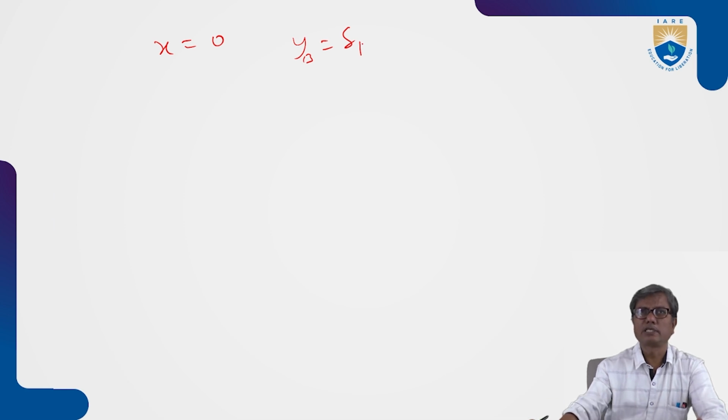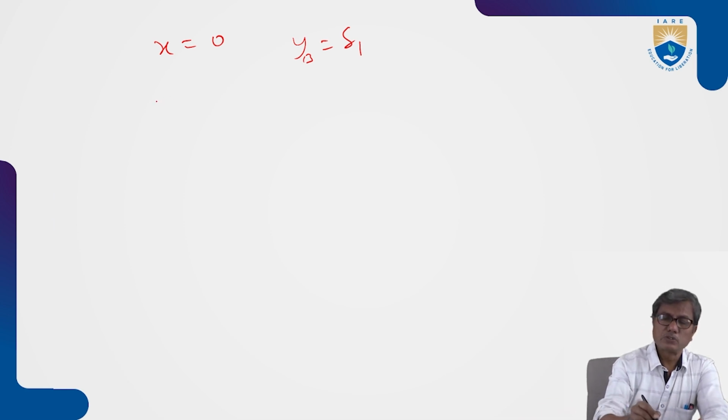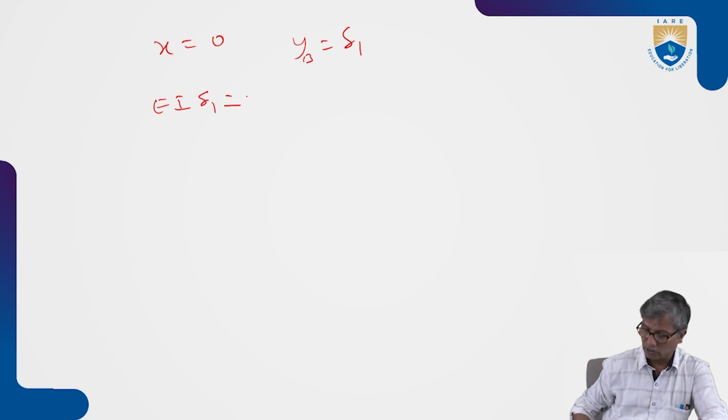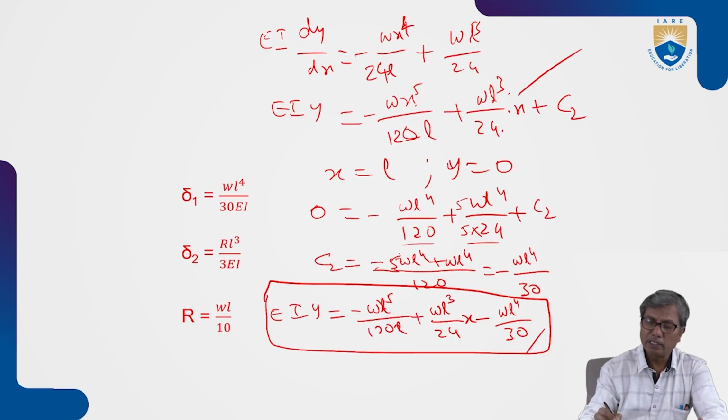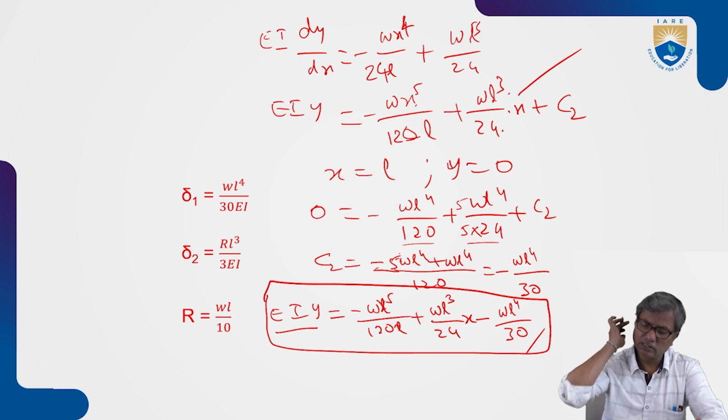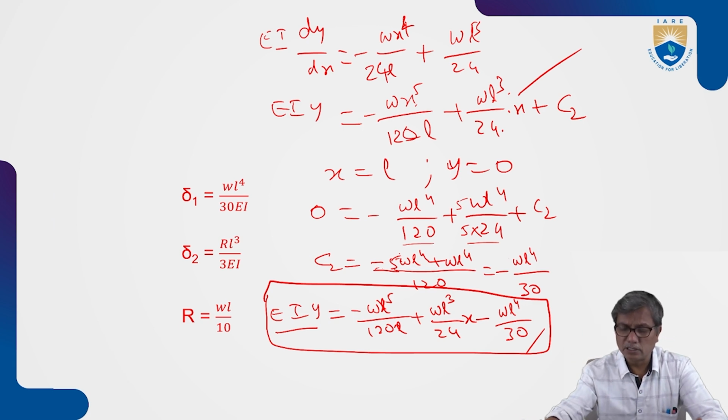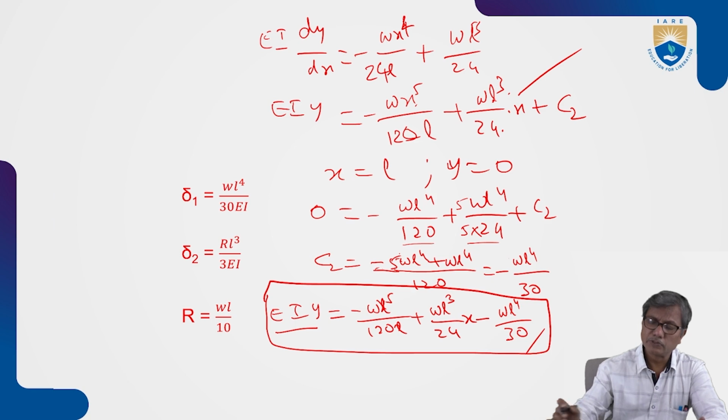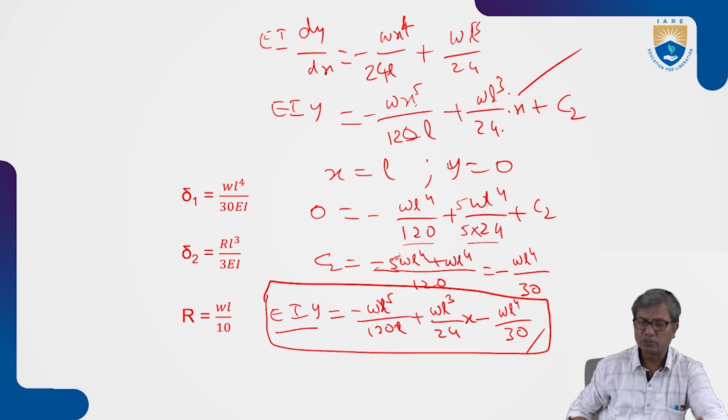We called it as delta 1. So, EI delta 1 is equal to, in place of y, we substitute delta 1 equal to, putting x 0, the first two terms become 0.